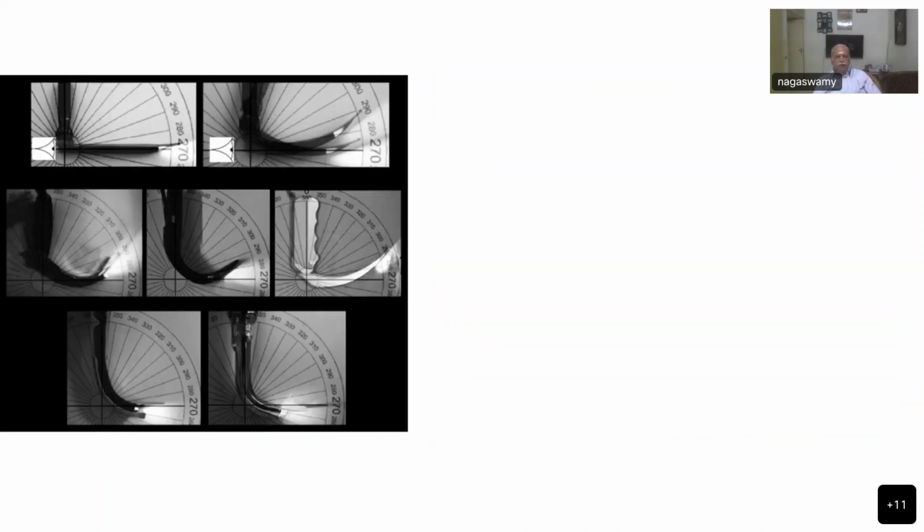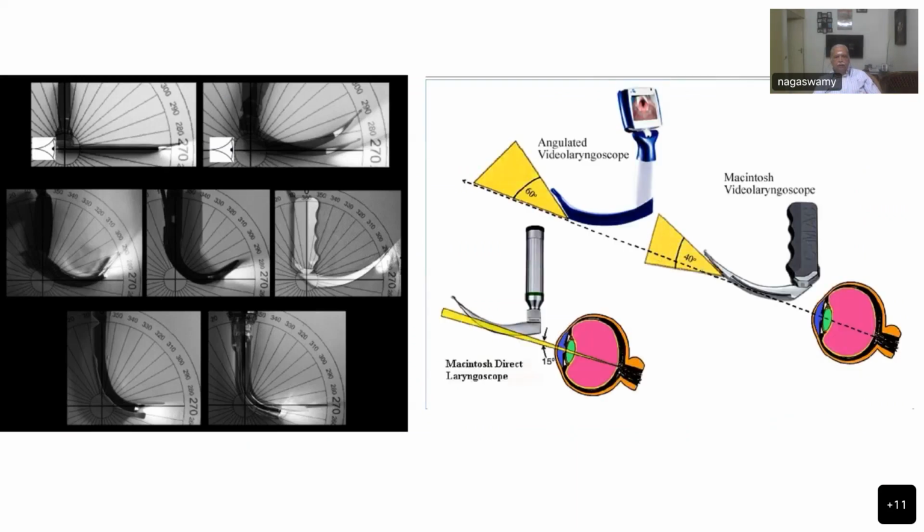These are the various types of blades that are used with laryngoscopes and the angulations that are made. In the conventional Macintosh laryngoscope, the angle is only 15 degrees, whereas in the Macintosh type of video laryngoscope you have a larger angle, 40 degrees.